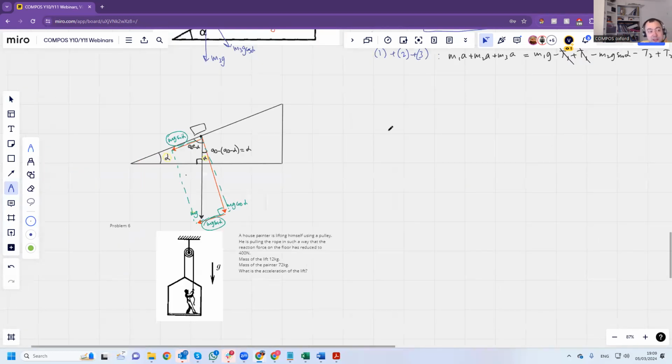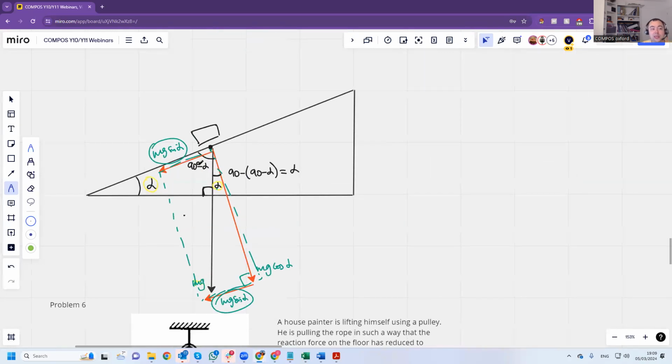A shortcut: imagine that you're holding onto a handle, which allows you to move it up or down, changing alpha. If you move it down, alpha decreases, but so does this angle.